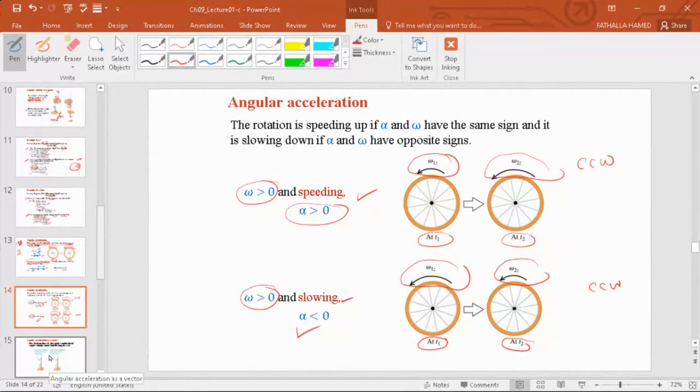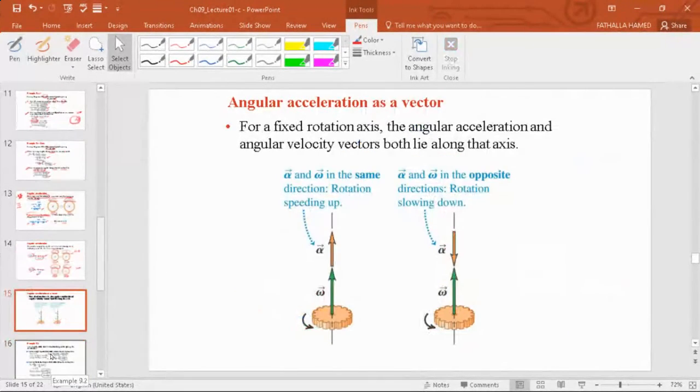So if we look at this in terms of vectors, when your omega and your alpha are in the same direction, then the rotation is speeding up.